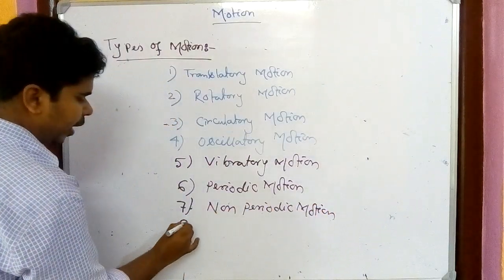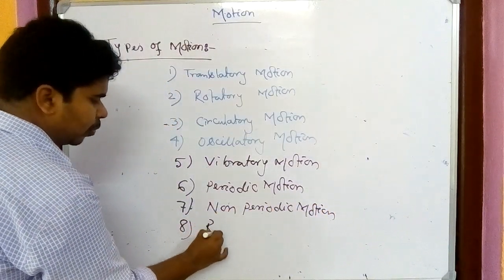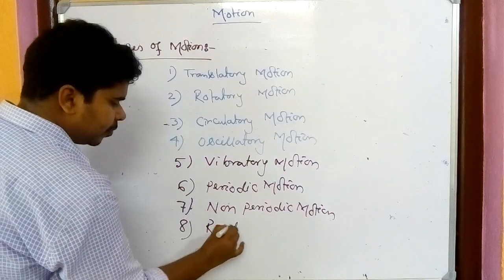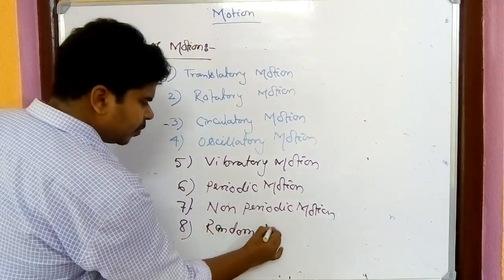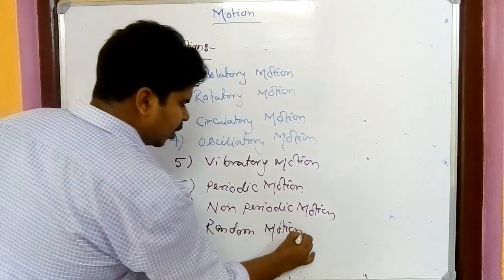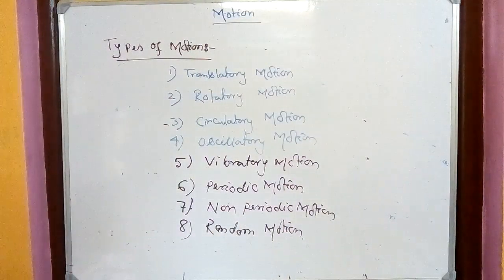And number 8, random motion. So these 8 types of motion we have to read. In some books only 7 are given, and random motion is treated as a special part, but here we have to take it as part of motion.